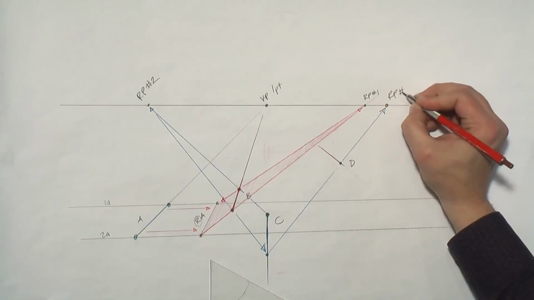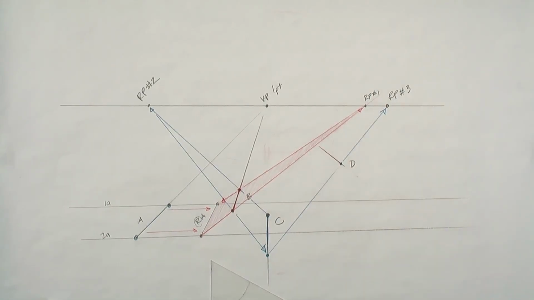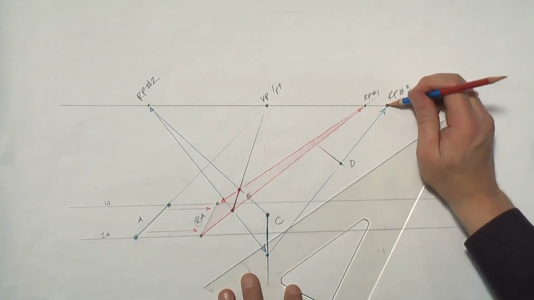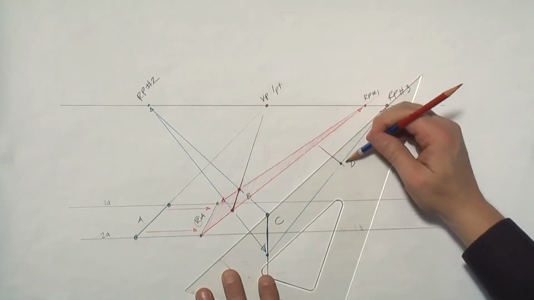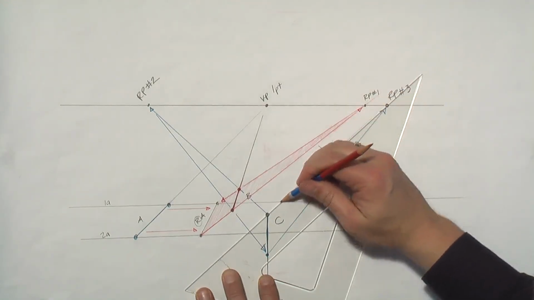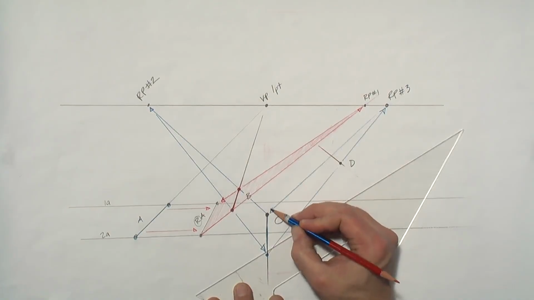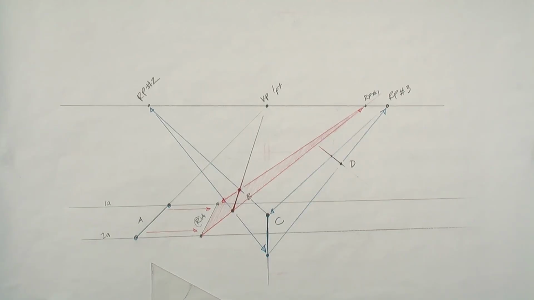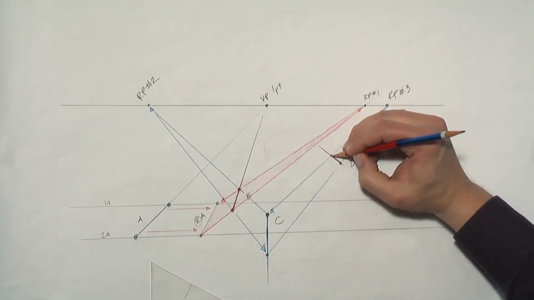RP number 3. And then, no surprise, we can come back from the reference point, going through the new pipe D on our way to get to the back end of C. And we strike what the proper length would be for D.